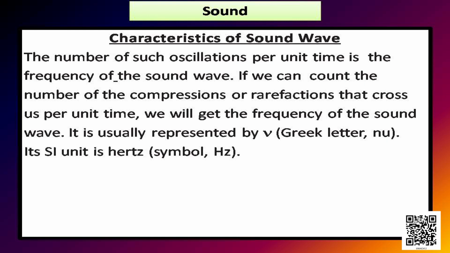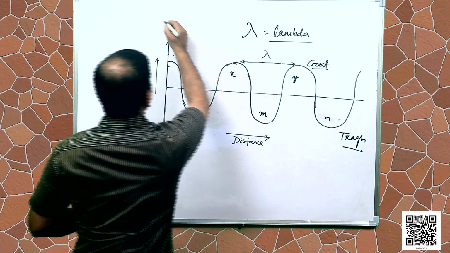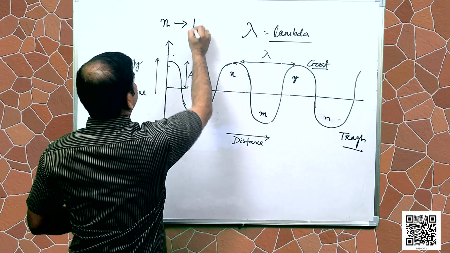If we can count the number of compressions or rarefactions that cross us per unit time, we will get the frequency of the sound wave. It is usually represented by nu, a Greek letter. Its SI unit is hertz.